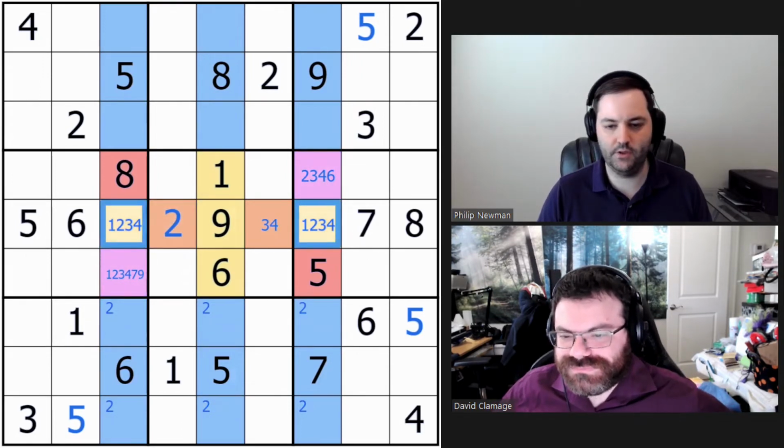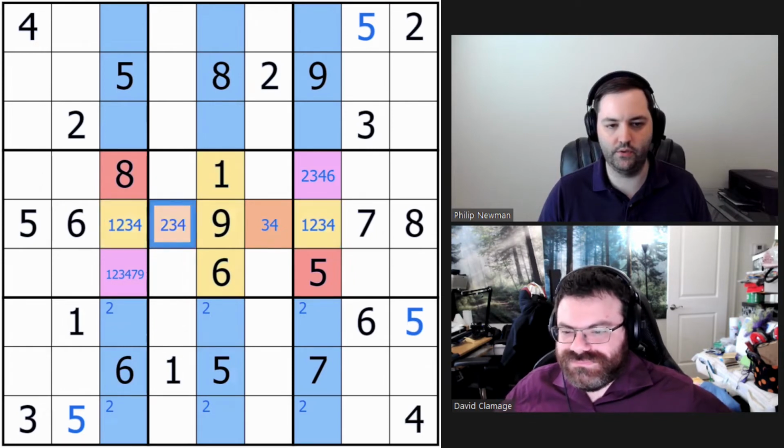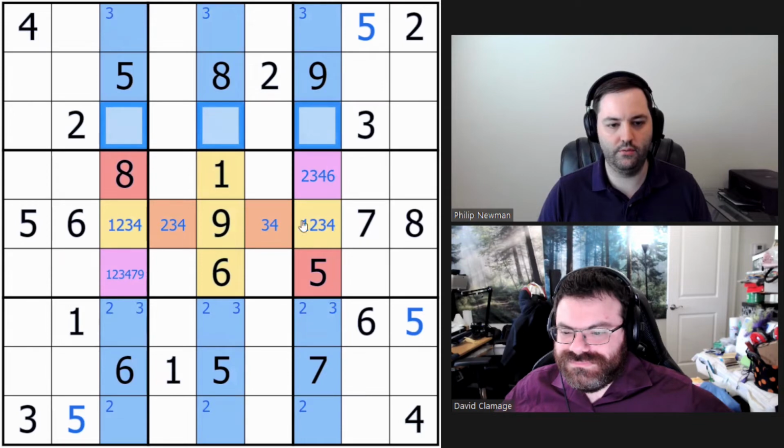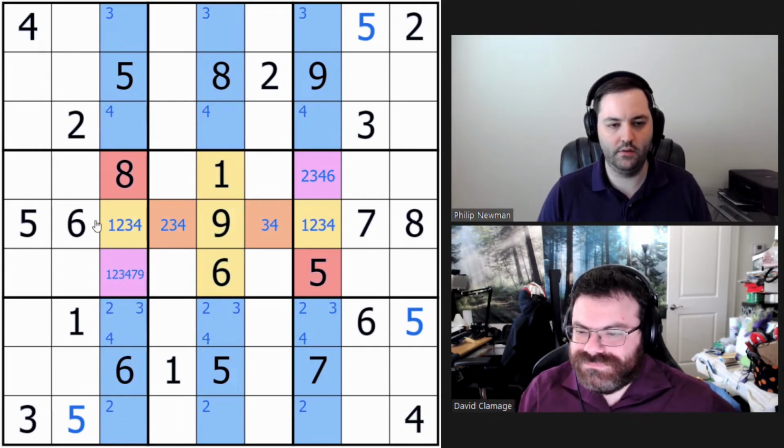Okay, so if 2 is in orange, it's also in purple. 3 can go in row 7 and row 1. 4 can go in row 3 and row 7. Okay. All right, so we've proven that if there's a 2, a 3, or a 4 in orange, it has to be in purple. Therefore, whatever is in orange has to be in purple.